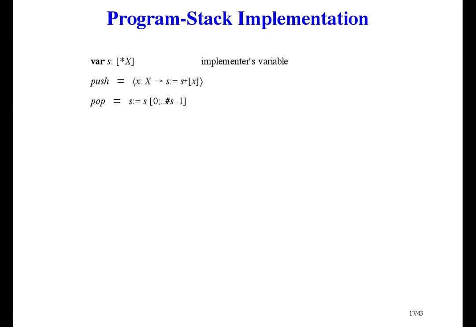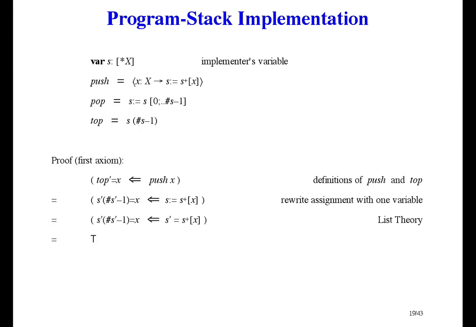Pop is a program that cuts one item off the end of S. And top just expresses the last item of list S. I claim that's an implementation, but we have to prove it. And that means using the definitions of the implementation and the theories used in the implementation, prove that the axioms are satisfied.